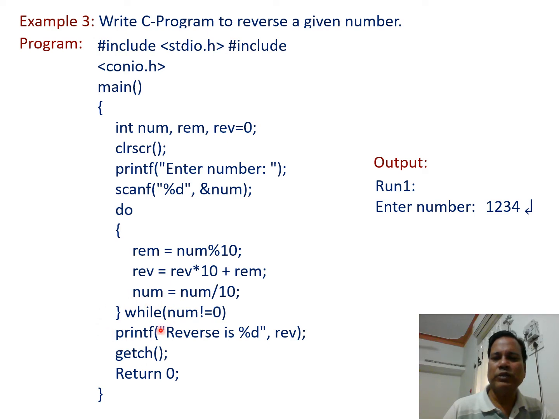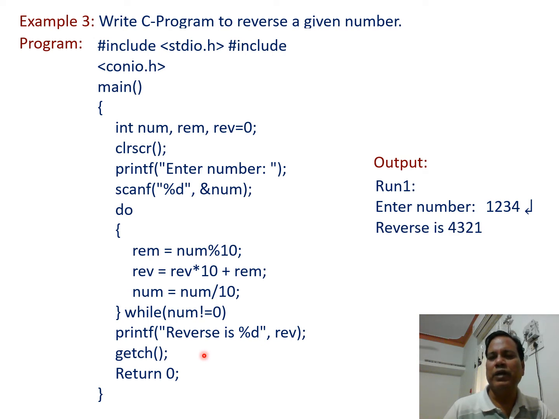Outside of the do while loop, using the printf statement, we print the reverse number. Reverse is %d, so at this place the value of reverse gets printed. And this output is held on the output screen using the getch function.